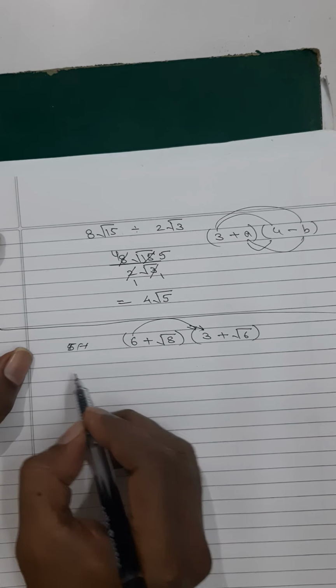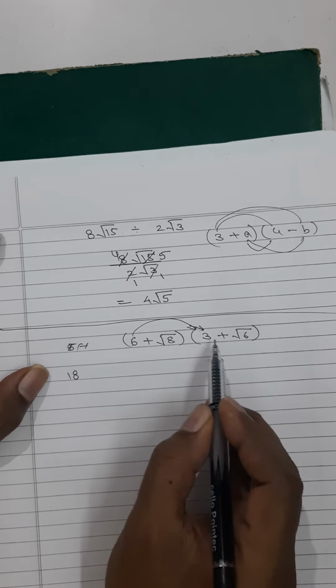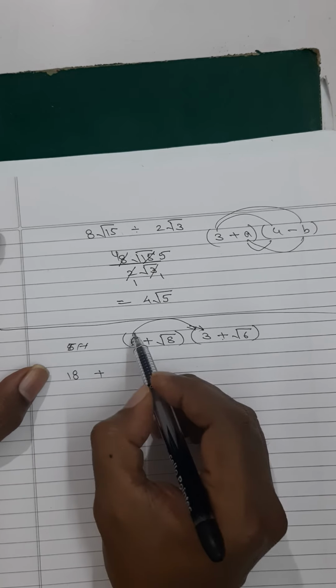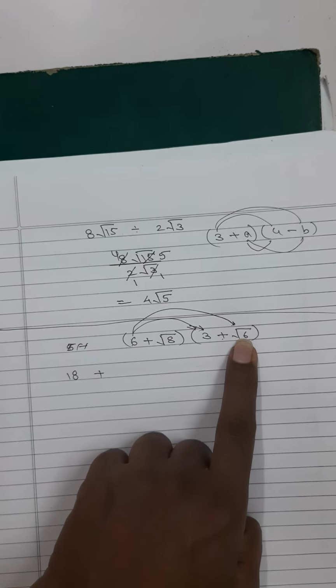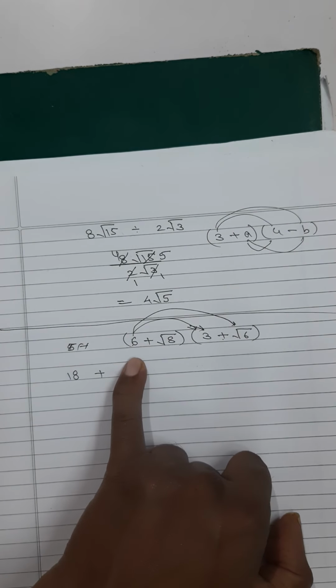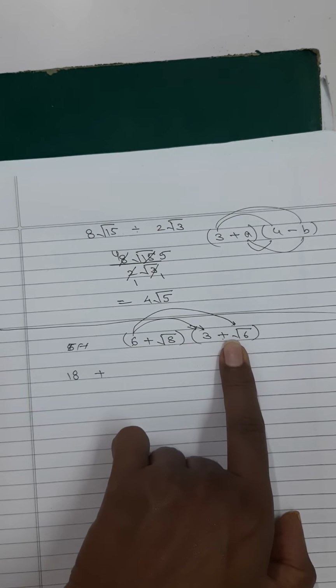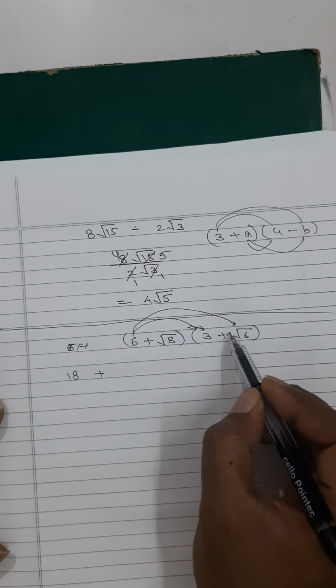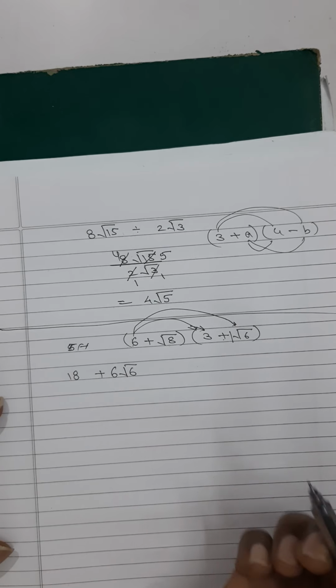Plus plus plus, 6 into 3, 18. Again plus plus plus. Now 6 will multiply with root 6. But definitely this is a radical and this is without a radical. So this will multiply with its coefficient. Coefficient is what? Coefficient is 1. 6 ones are 6 and root 6 will come as it is.